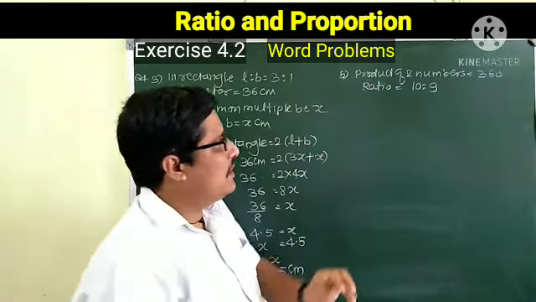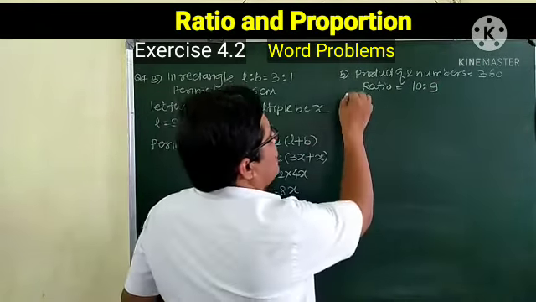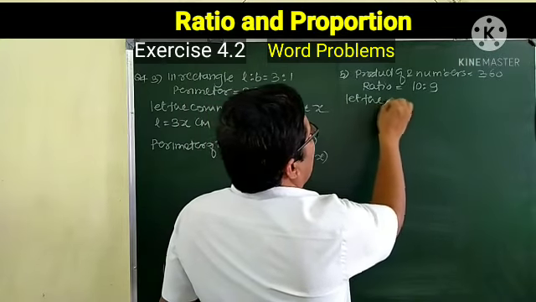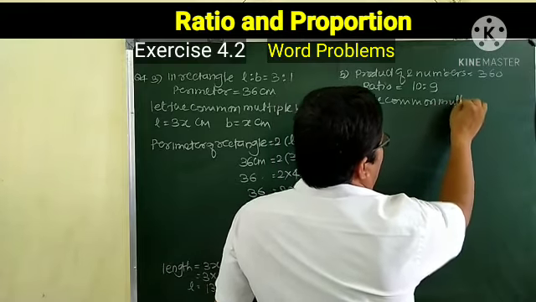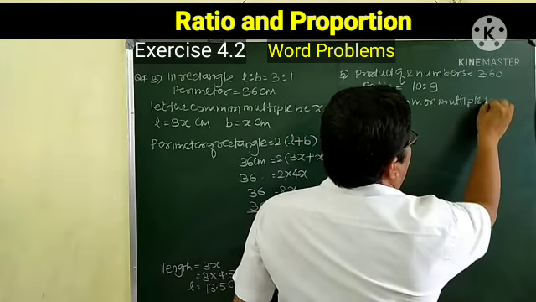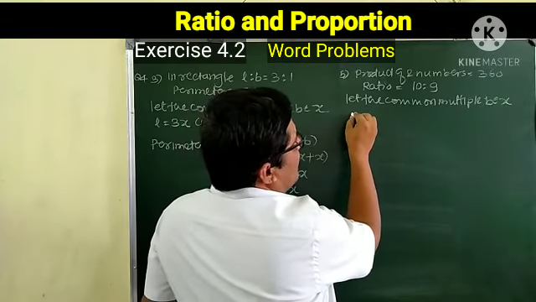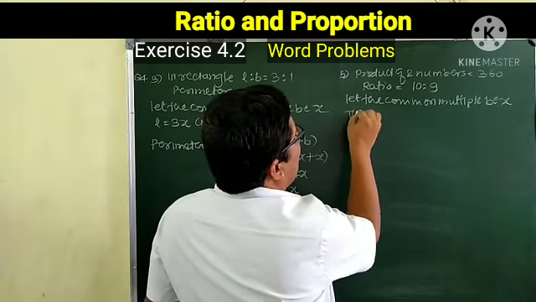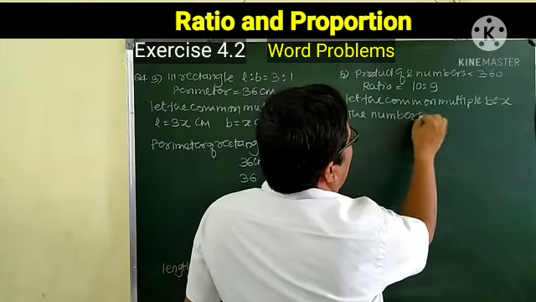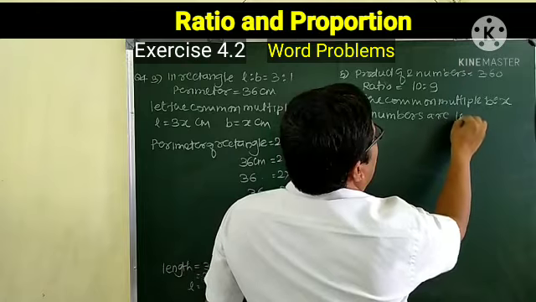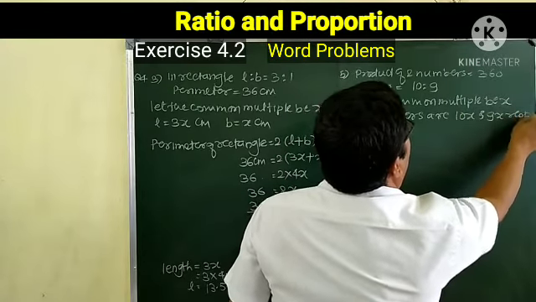Now the next example: here the ratio of two numbers is 10:9. So let the common multiple be x. So here the numbers are 10x and 9x respectively.